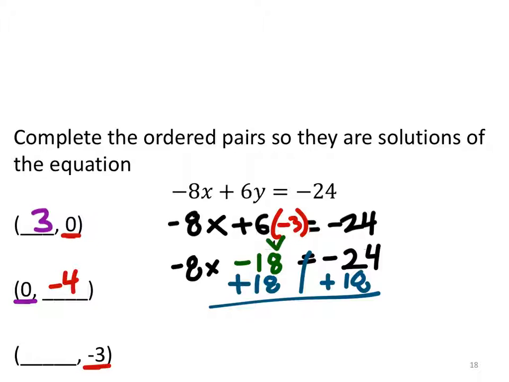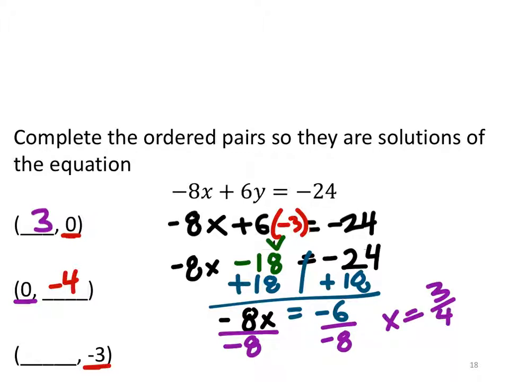Be careful with that negative 24 because it may throw you off a little bit. This is going to equal negative 6. Well, we'll divide both sides by negative 8 then, and simplifying this, we get x equals a positive 3/4. So the ordered pair would be (3/4, -3).